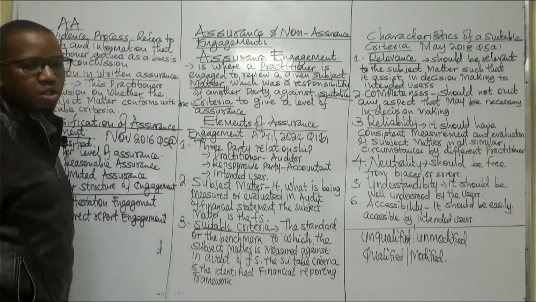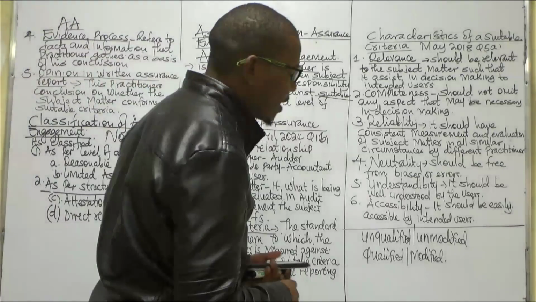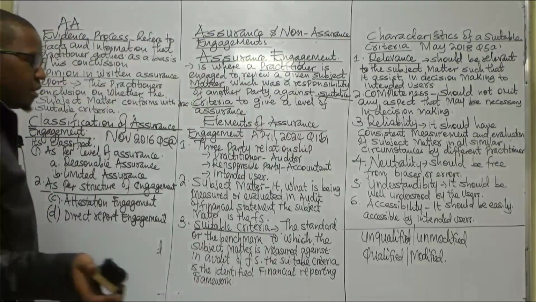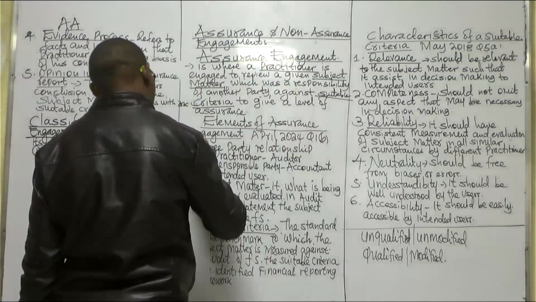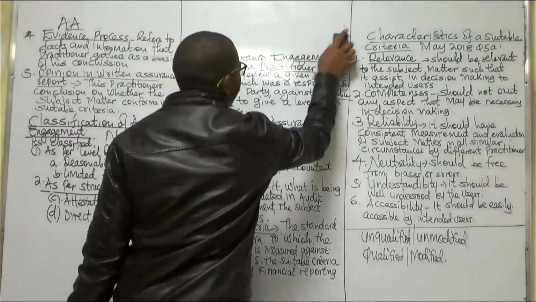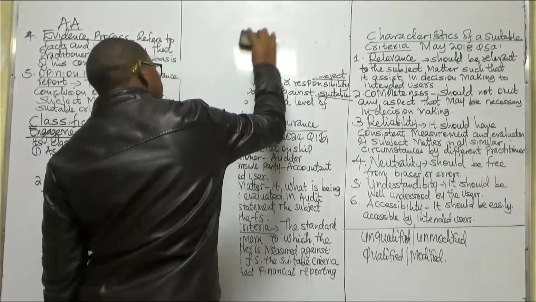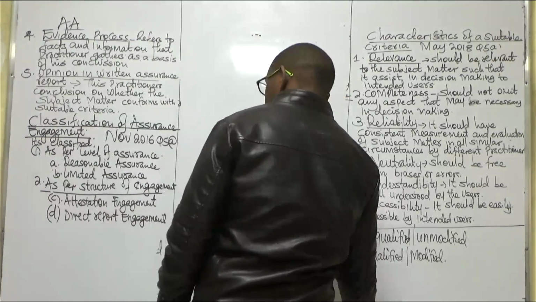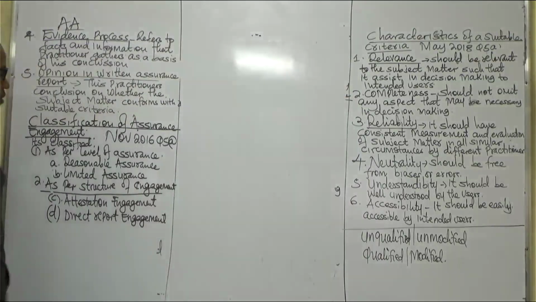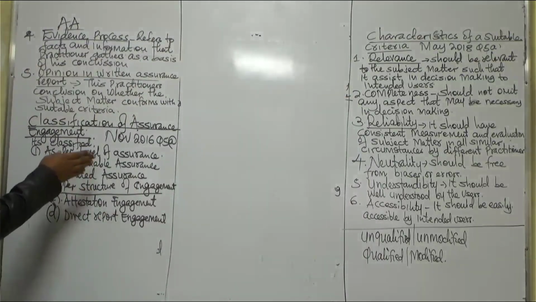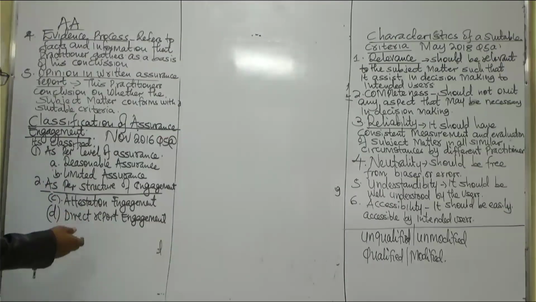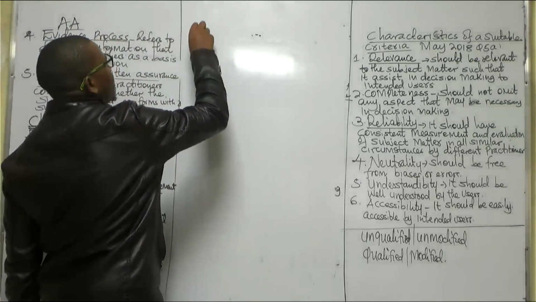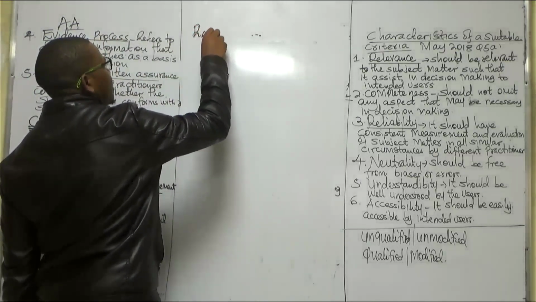On November 2016 5A, you are to talk about the types of assurance engagement. So if you are told to talk about the types of assurance engagement, the reasonable, limited, attestation, and direct reporting engagement. So we can begin with this one, the reasonable assurance engagement.